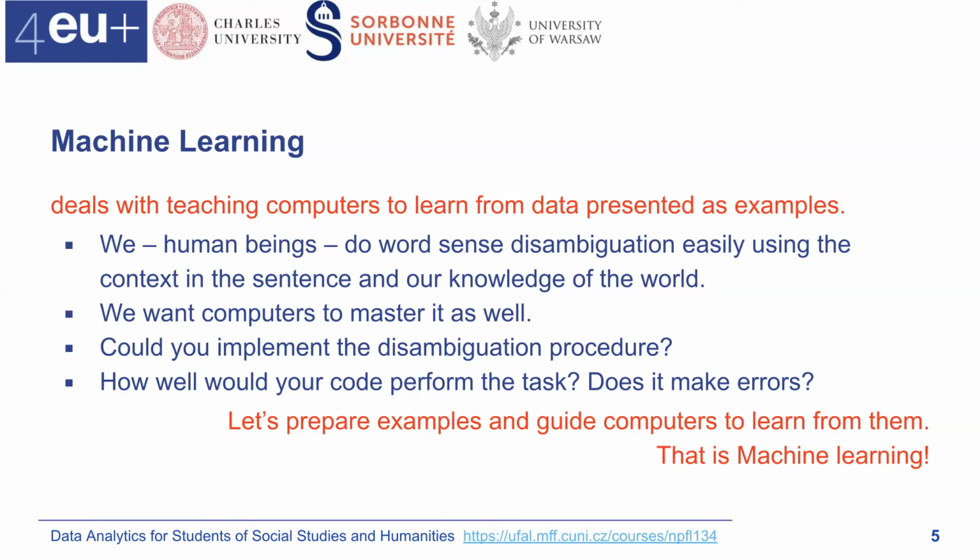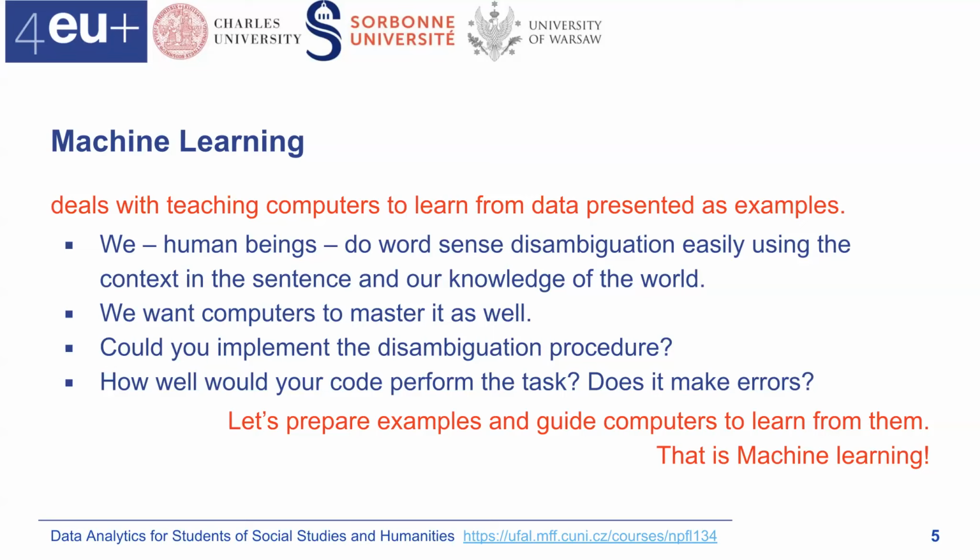Right? So we, as human beings, do word sense disambiguation easily, more or less, using the context in the sentence and our knowledge of the world. And we want computers to master this task as well.